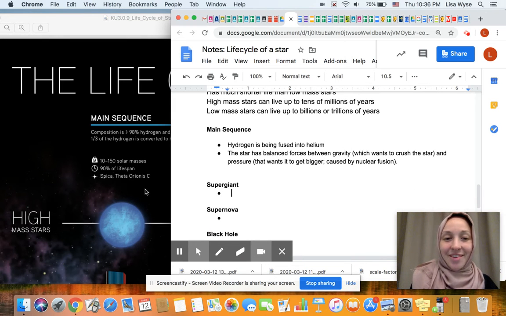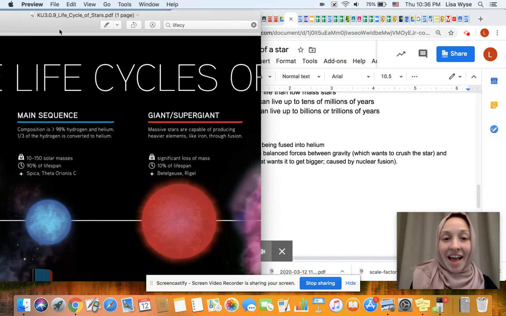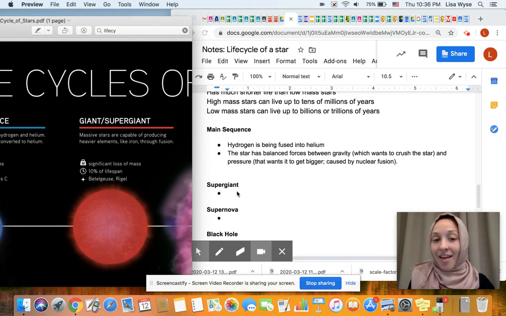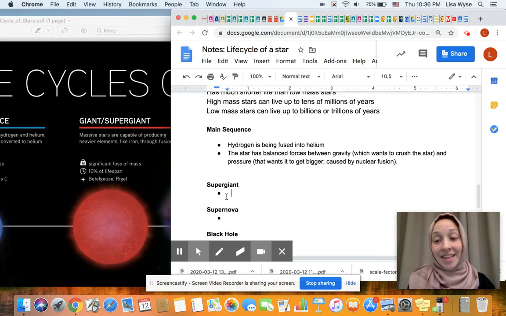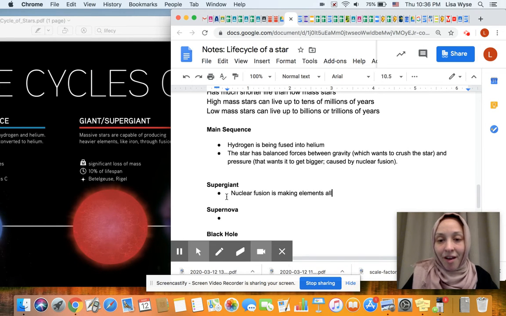Our supergiant at this stage is going to convert the helium and make elements all the way up to iron. Nuclear fusion is making elements all the way up to iron.